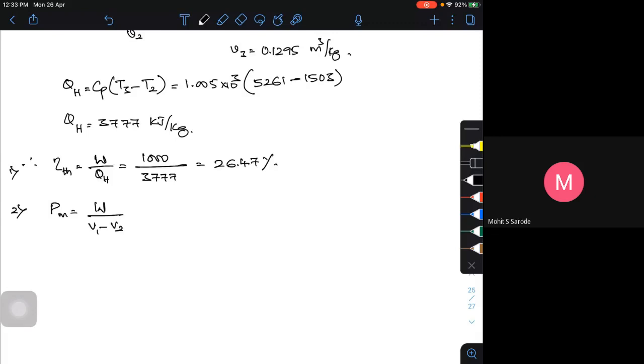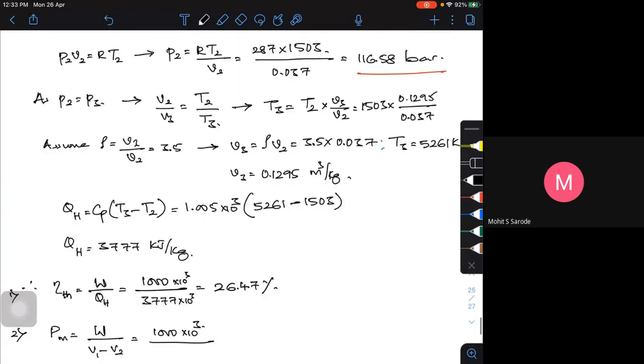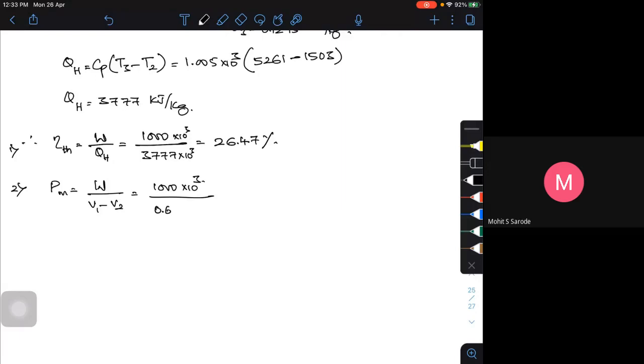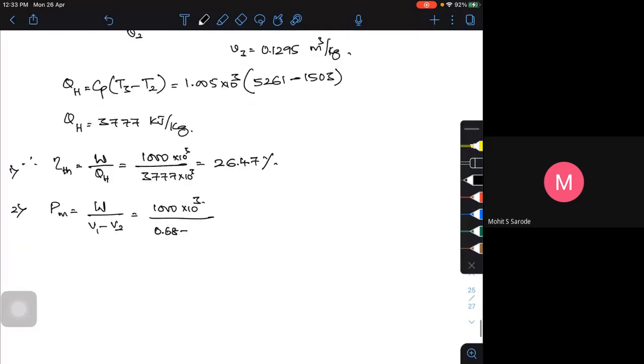So that is 1000 into 10 to the power of 3, divided by 0.68 minus 0.037. Here the 10 to the power of 3 cancels. Divided by 10 to the power of 5, it is 15.55 bar.